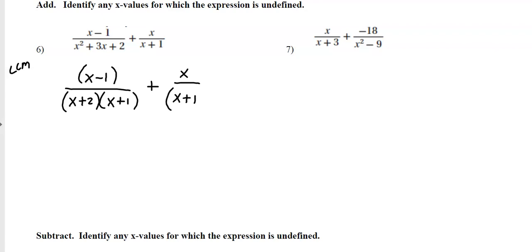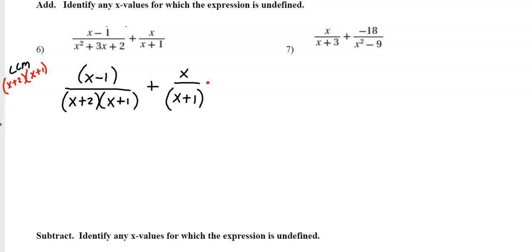So in order to get these 2 bottoms the same, they both need to have this x plus 2 in the bottom as well. Because my LCM would be x plus 2 and x plus 1, because those are the only 2 factors that show up there. And I'm missing the x plus 2 on the right.